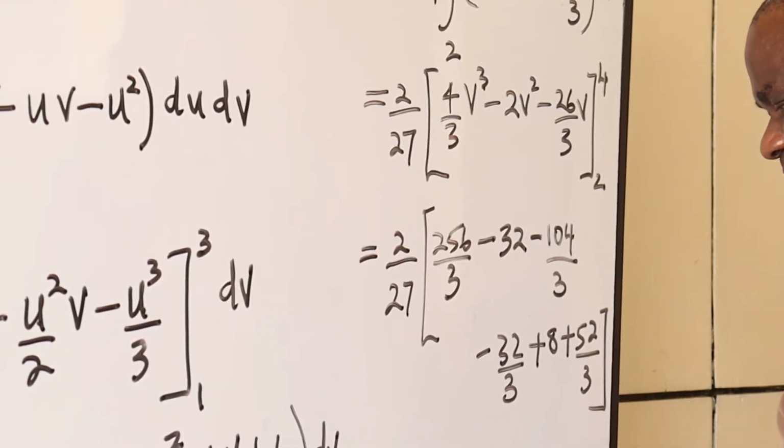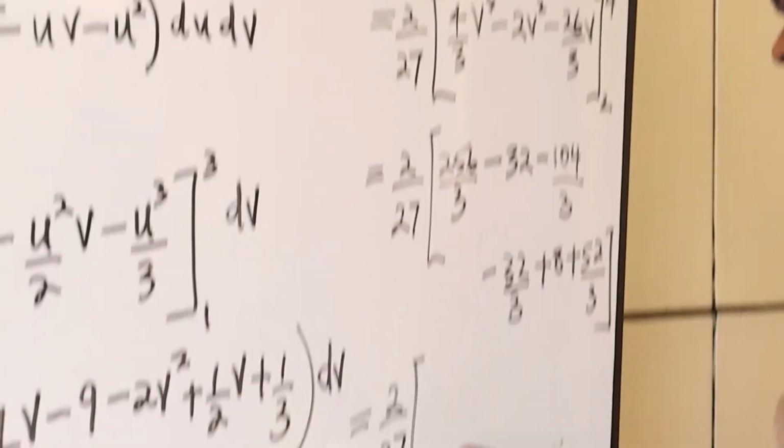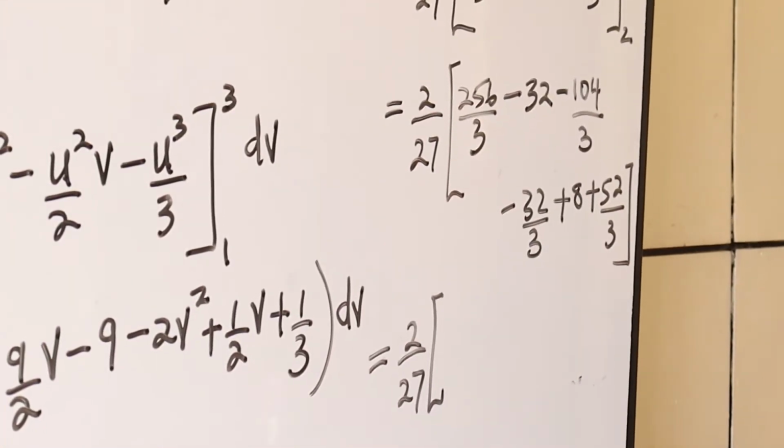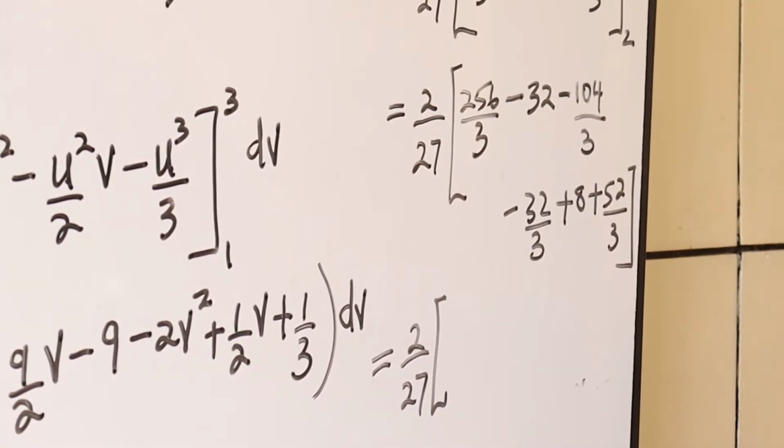So this is 2 all over 27 times the bracket. We can simplify this a bit.